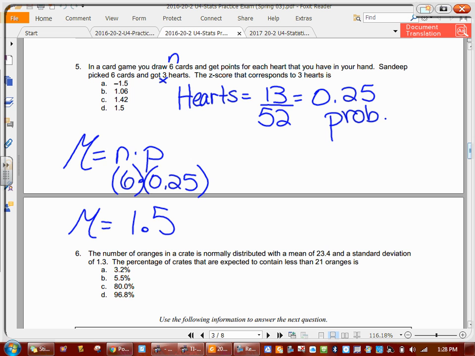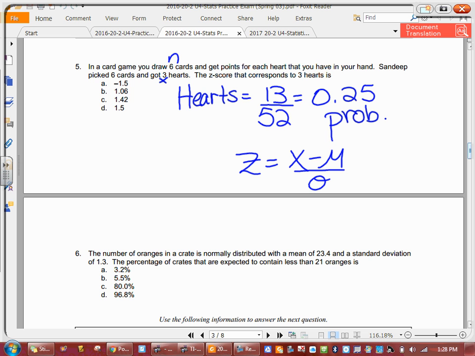So we want to find the Z score. Z equals X minus mean divided by standard deviation. We need to find the standard deviation now. I'm just going to erase the mean here so that I can use some space on the board. We found our mean was 1.5.